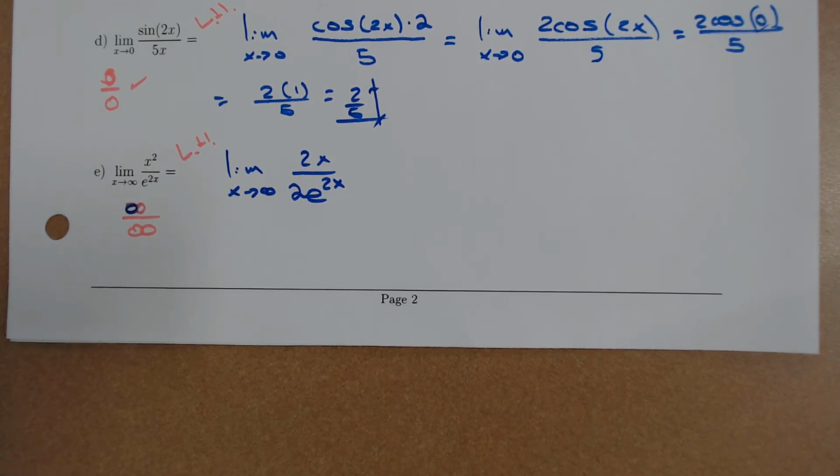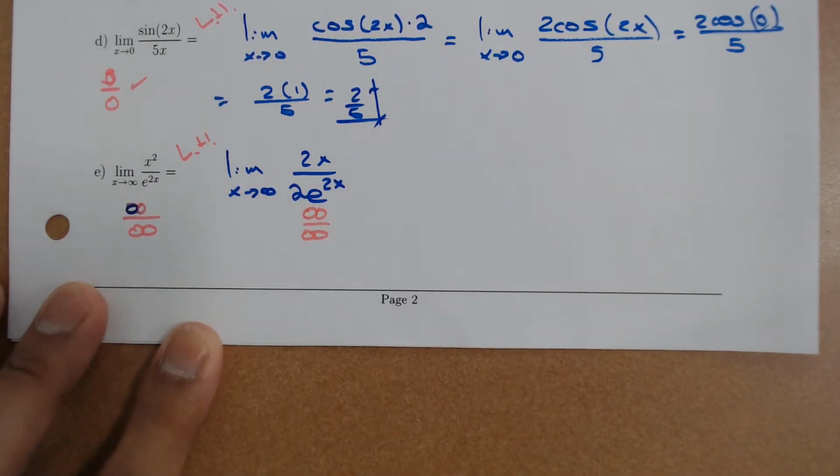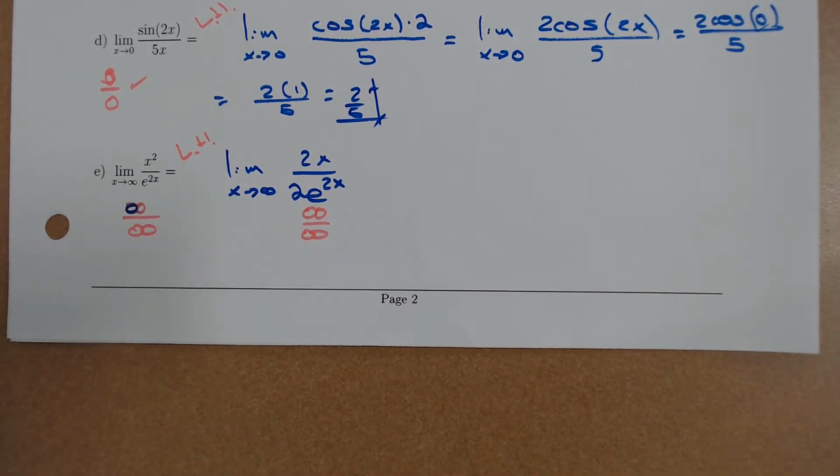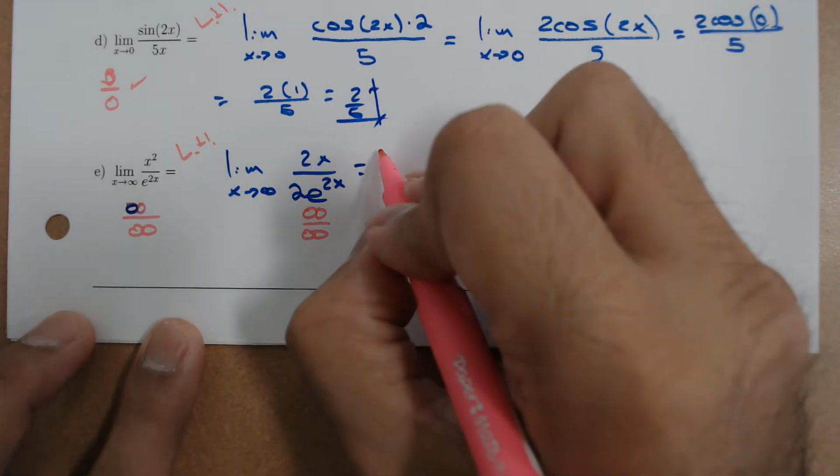Okay? So in this case, we need to check whether we still have an indeterminate form by substitution. And again, it seems like infinity over infinity. So let's do the L'Hopital's rule again.